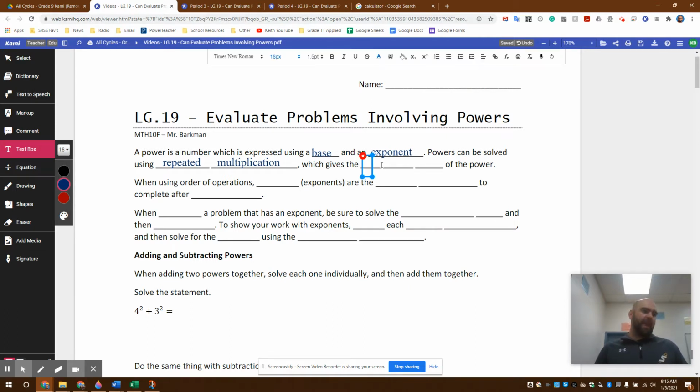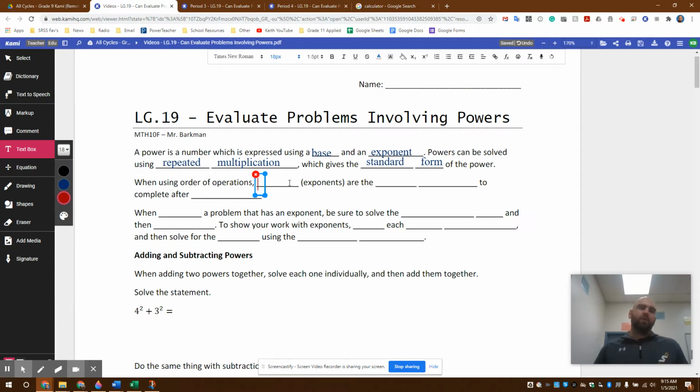This gives us an answer which is in standard form. Standard form just represents the number which the power represents. It's the simplest form that we can put it into.